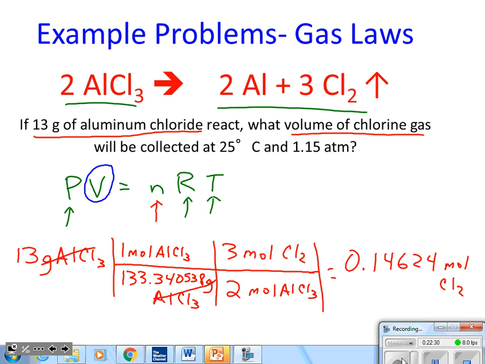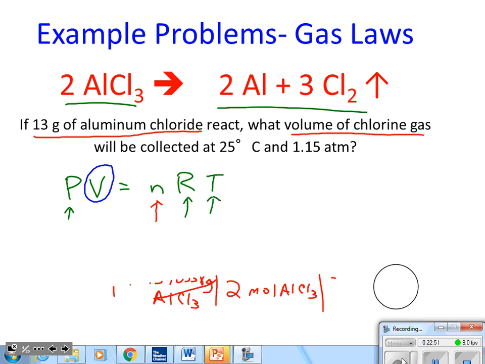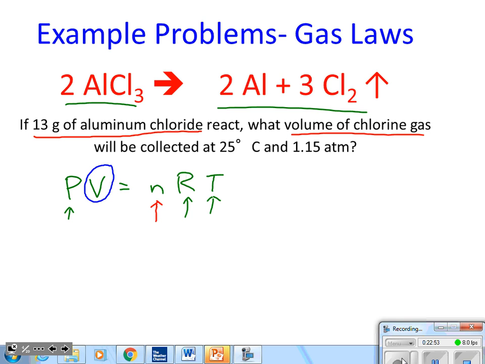Now, all I simply need to do is erase this. Keep that number right there. I'm going to erase my molar conversion here. Now I need to substitute into PV equals nRT.